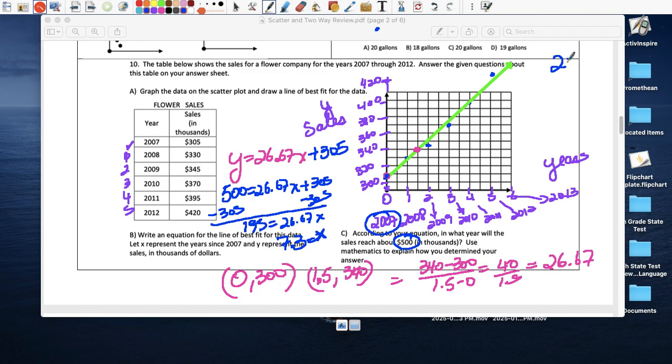So 2007 plus 7.3 years is going to be 2014, and then 0.3, right, around March. But they want just a year, so we can just say 2014. So that's my final answer.